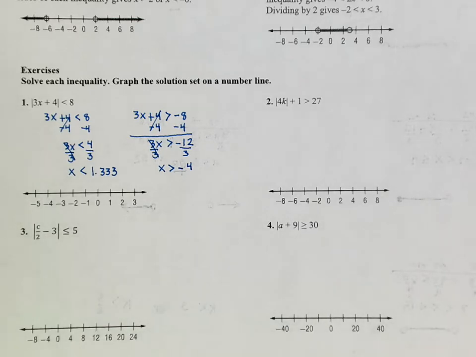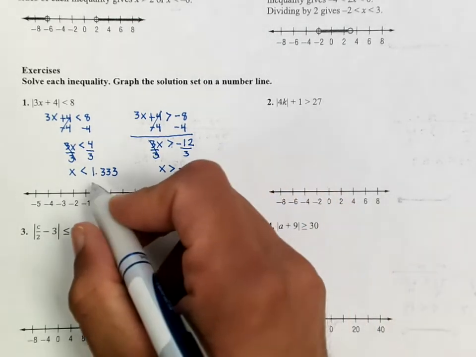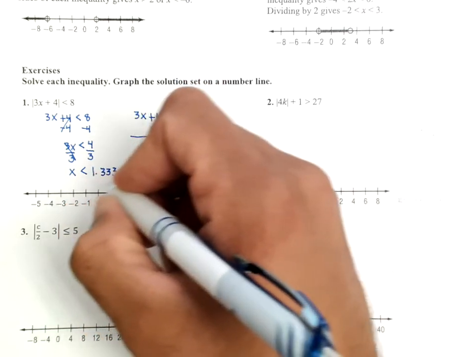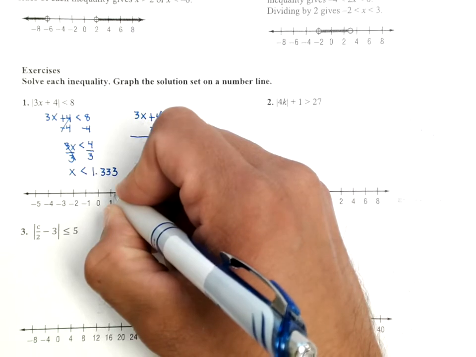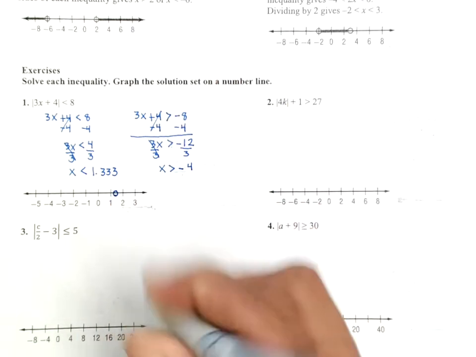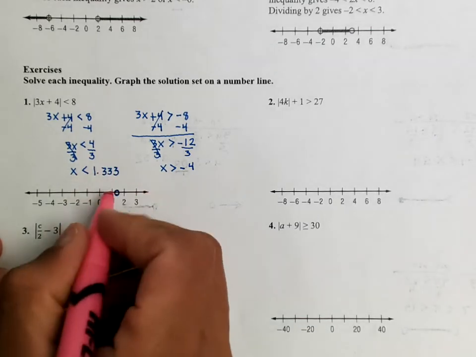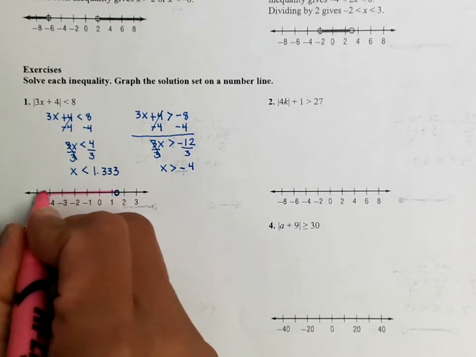Now, there's another way to do this, and I'll show you that in a minute. But if you have this right here, let's just look at it. I have x is less than 1.33. All right, so let's say the 1.33 was right there. Now, less than means that I would shade everything to the left.